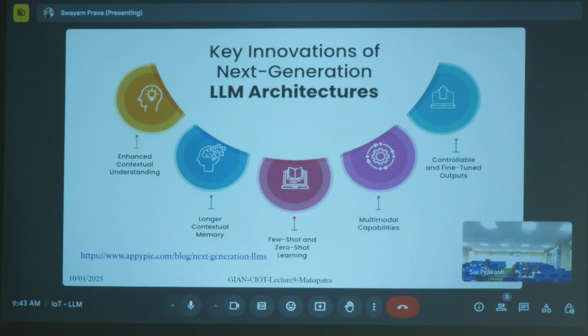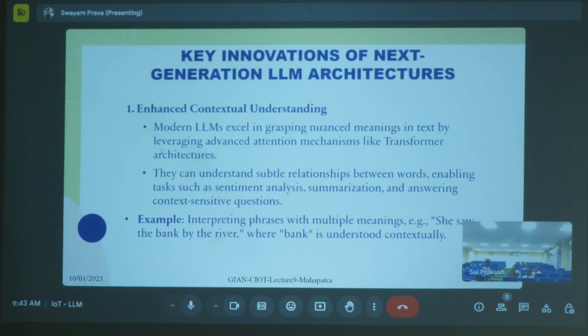So modern LLMs excel in grasping nuanced meanings in text by using advanced attention mechanisms like transformer architectures. They can understand subtle relationships between words, enabling tasks such as sentiment analysis, summarization, and answering context sensitive questions.